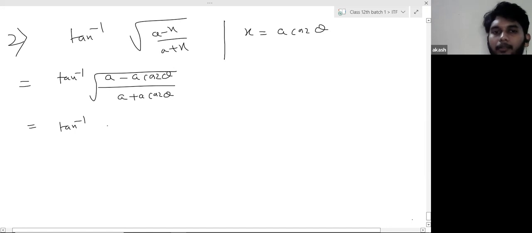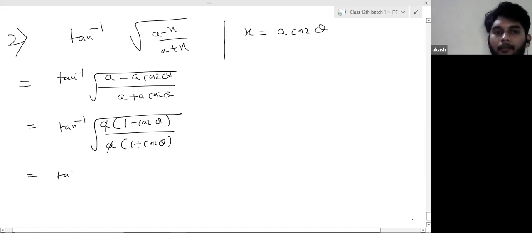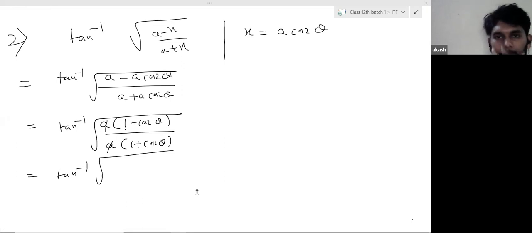Taking a common, we have under root a times 1 minus cos 2 theta upon a times 1 plus cos 2 theta. A and a are cancelled. Tan inverse. Ishan, what should we put here? 1 minus cos 2 theta. What can we place instead of 1 minus cos 2 theta?